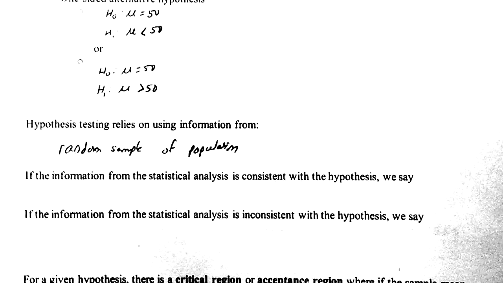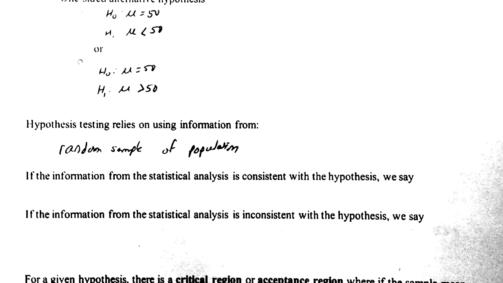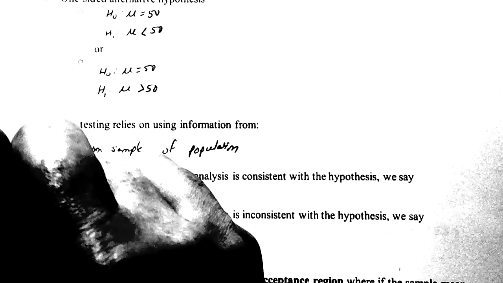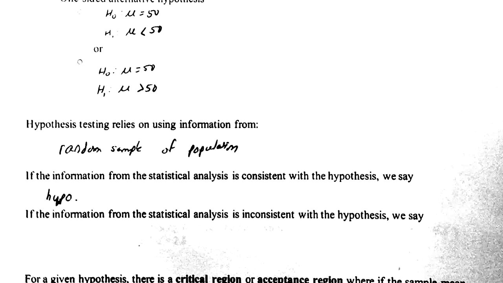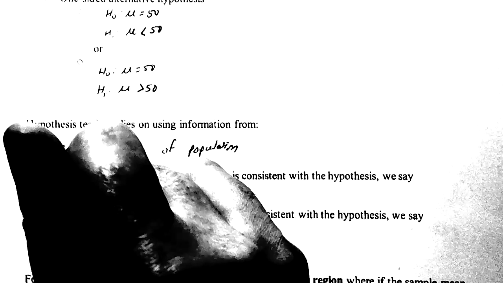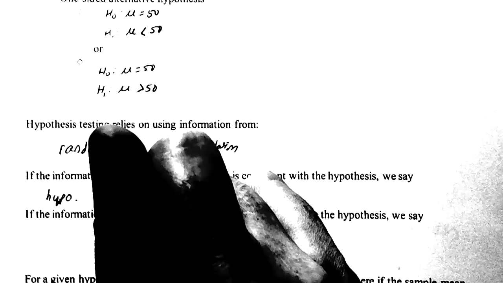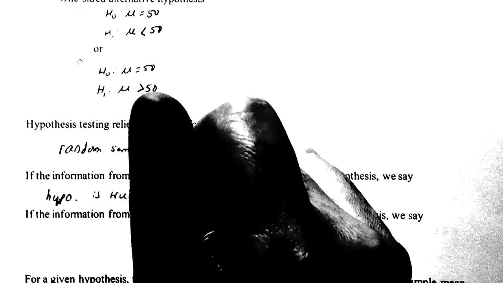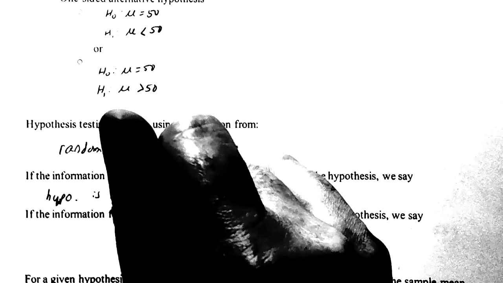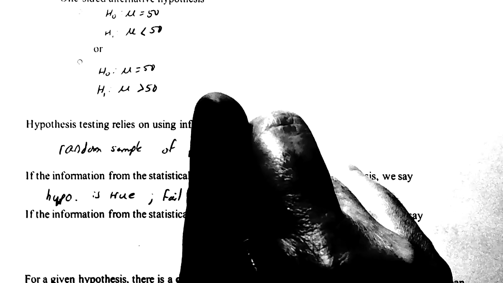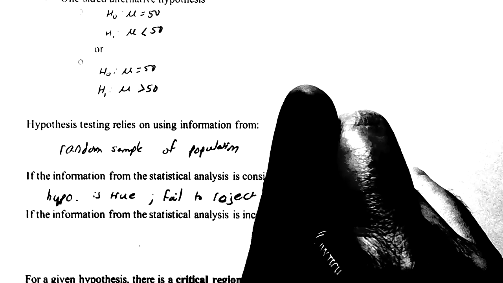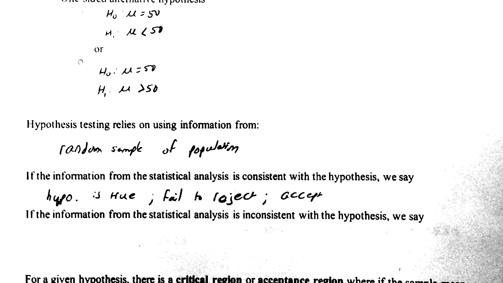And so if the information that we gather in our testing is consistent, then we say that the hypothesis is true. Another way to say that is to fail to reject. And another way to say that is to accept. So when we're looking at the hypothesis, if the information is consistent, either we say it's true, we fail to reject it, or we accept it.